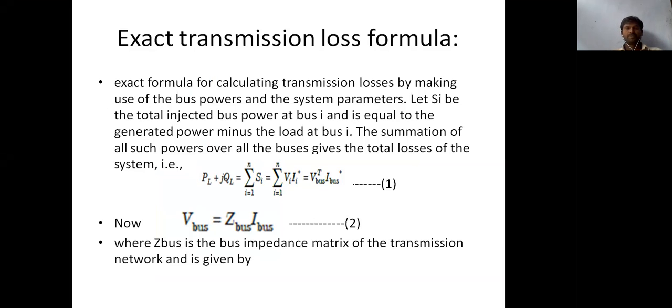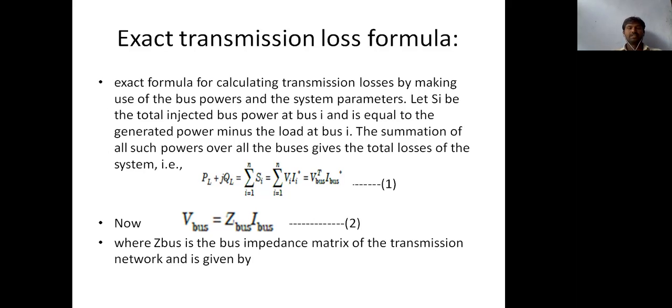But in this method, we derive the exact transmission losses formula. The exact formula for calculating transmission losses is obtained by making use of bus powers and the system parameters.